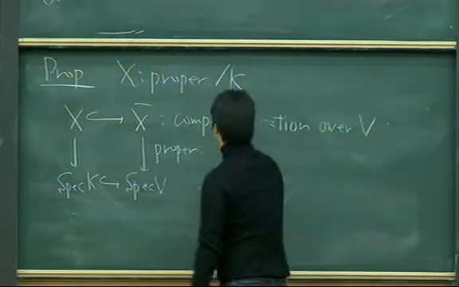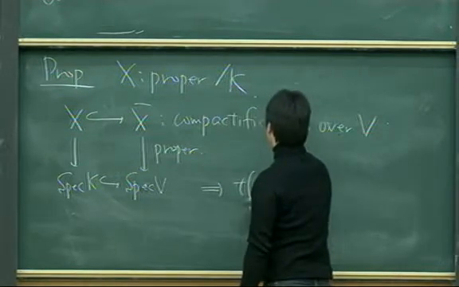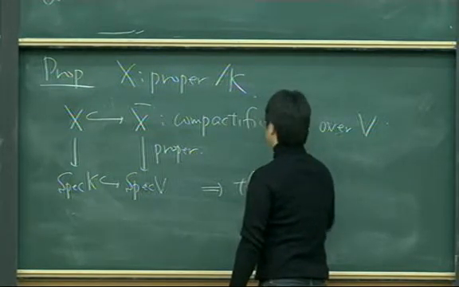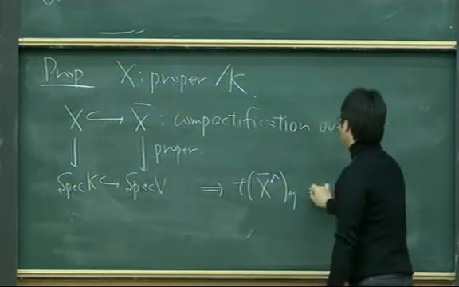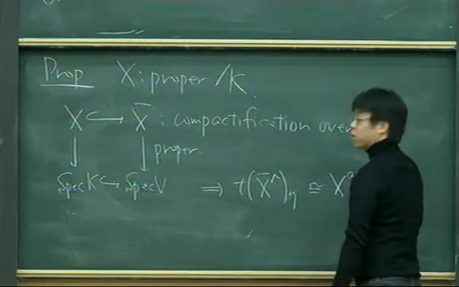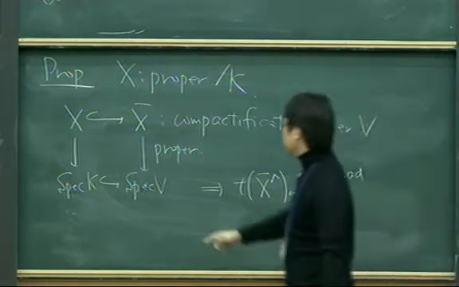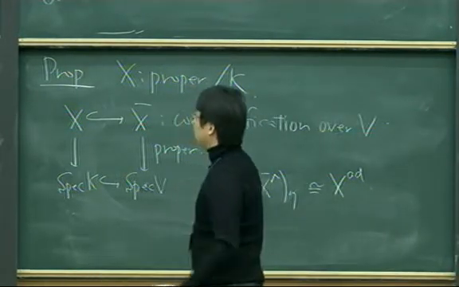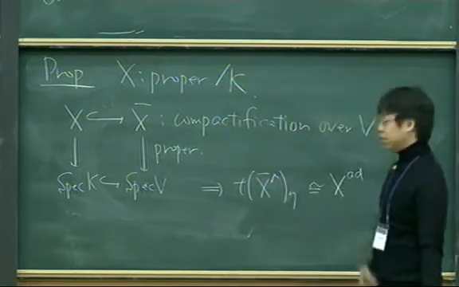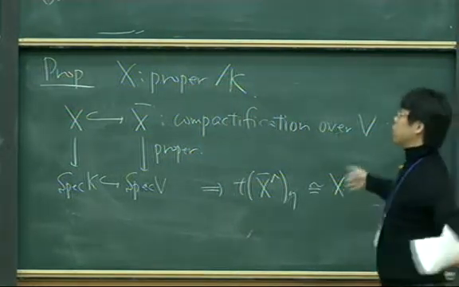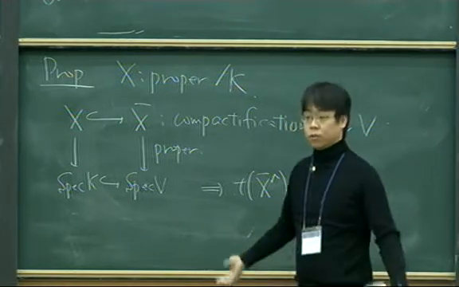Then the generic fiber of the completion of this proper scheme is isomorphic to X^ad. So if X is proper, we can construct a comparison functor by using the generic fiber. So these two constructions are compatible.